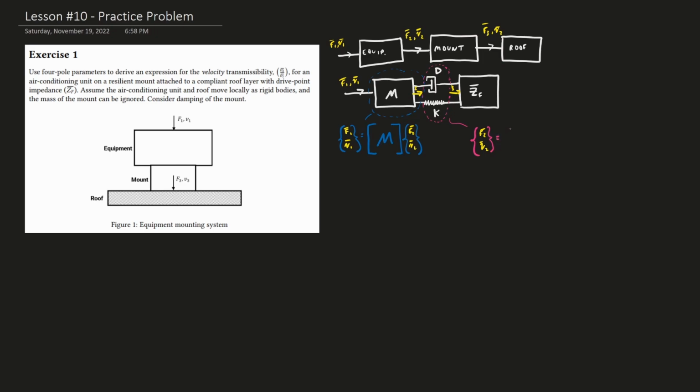We'll have our element matrix here full of the four-pole parameters for a spring and dash pot in parallel. To keep that simple, I'm just going to write that as an abbreviated K parallel D for the spring in parallel with the dash pot, and then multiply that by our output vector of F3 V3.